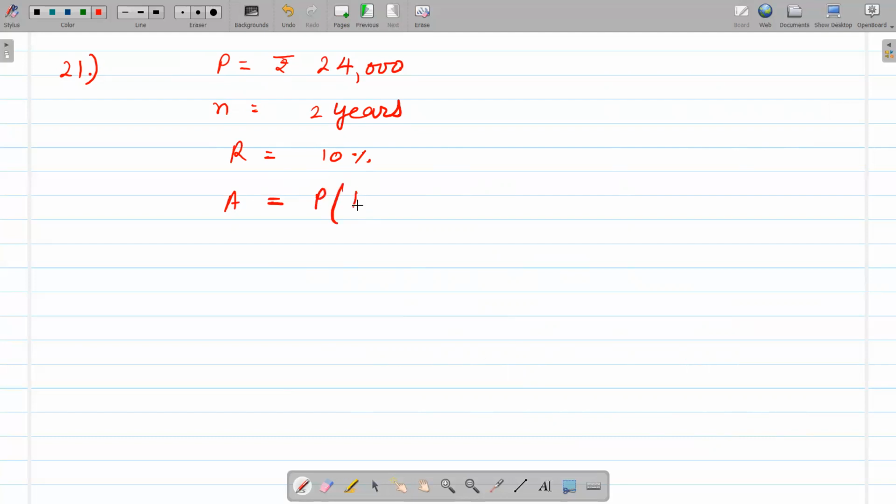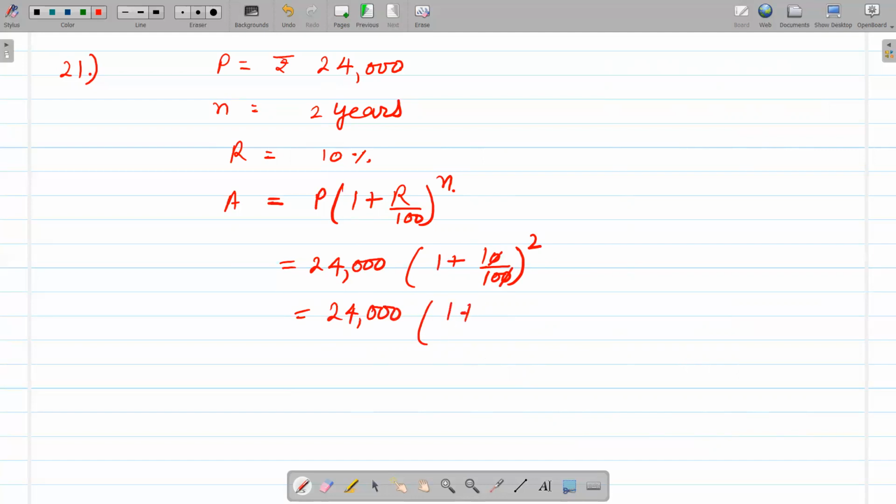So what is the formula for yearly? 1 + r/100 raised to power n. So that will be 24,000 into (1 + 10/100) raised to power 2. Then 0 will cancel out, 24,000 into 1 + 1/10 raised to power 2.